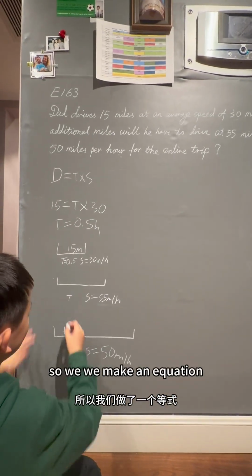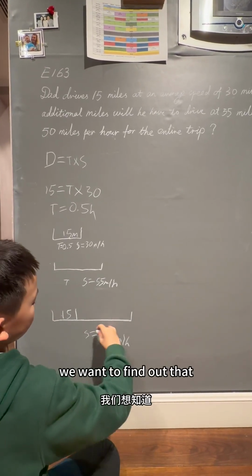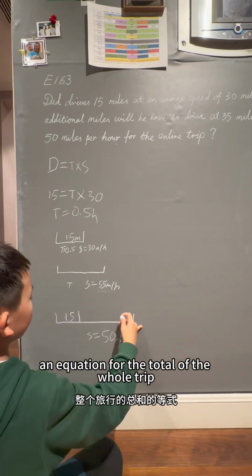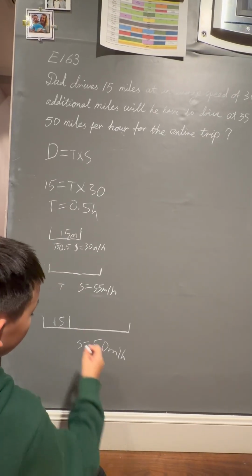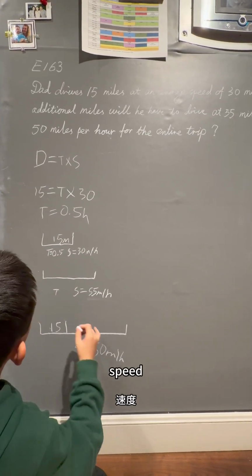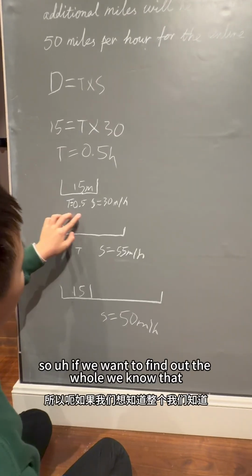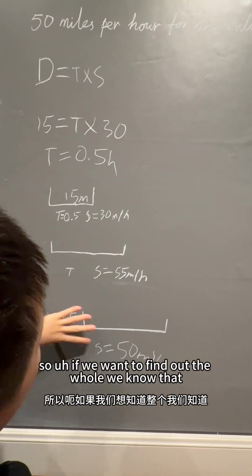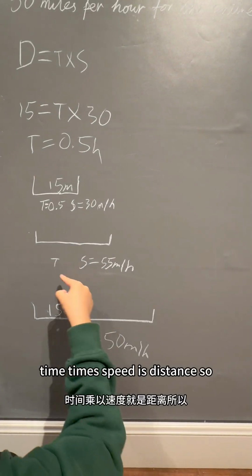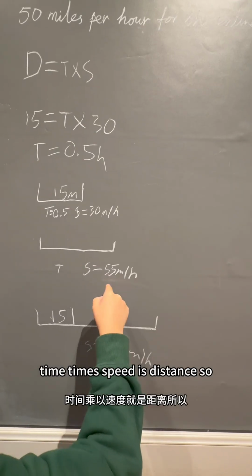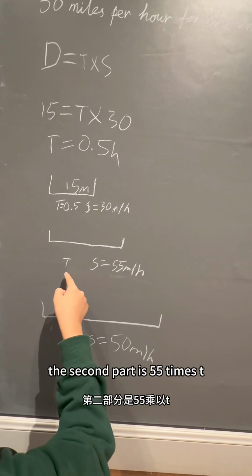So we make an equation. We want to find an equation for the total of the whole trip. If we want to find the whole, we know that time times speed is distance. So the second part is 55 times t.